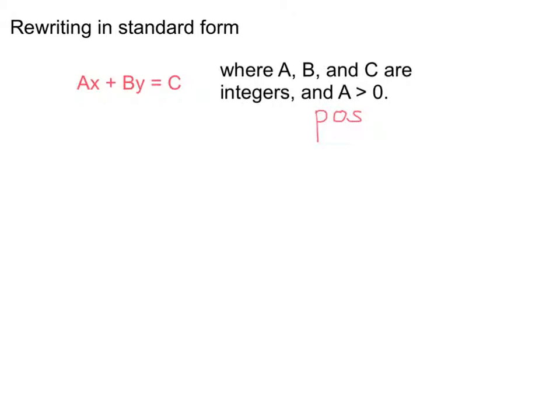A, B, and C all have to be integers, meaning no fractions, no decimals. And A has to be positive. Also, A, B, and C cannot have a common factor. If they do, you need to reduce the equation. So if you can rearrange an equation to look like this, that's all you have to do to rewrite a linear equation into standard form.